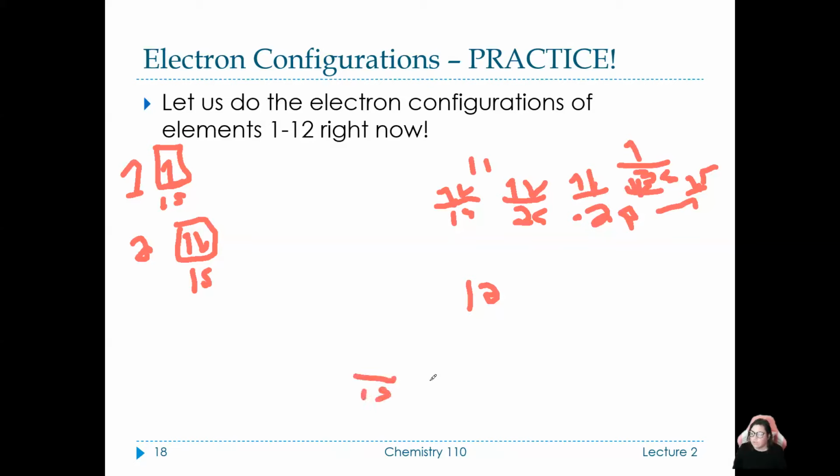So let's see if we can draw this one a little better. 1s, 2s, 2p, x, y, and z, and then 3s. Sorry, forgot to draw the whole thing.